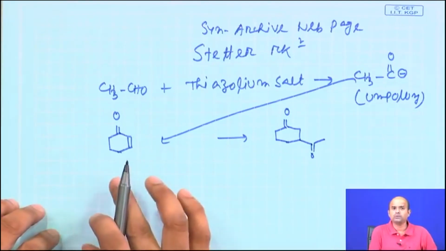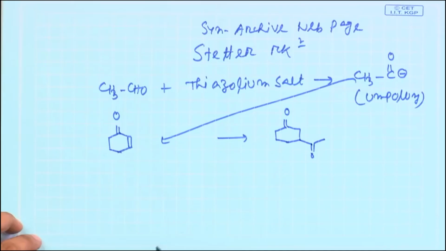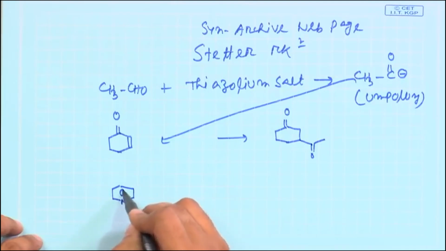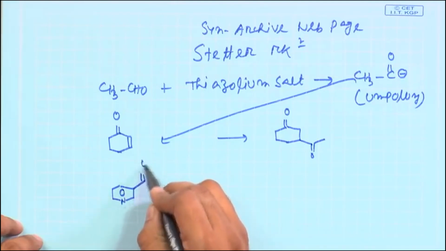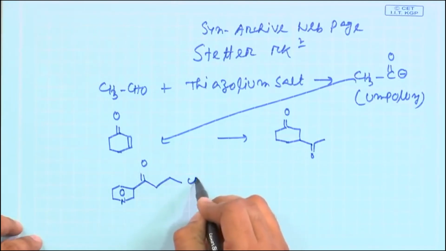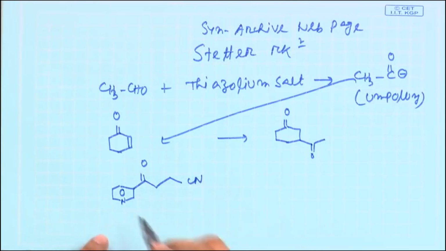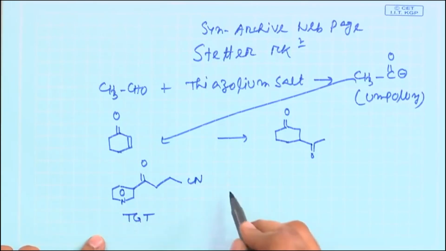Now, eventually all this kind of 1,4-dicarbonyl compounds you can synthesize by using the Stetter reaction. I will try to give you another very interesting example. Say I want to synthesize this target molecule by using the Stetter reaction.